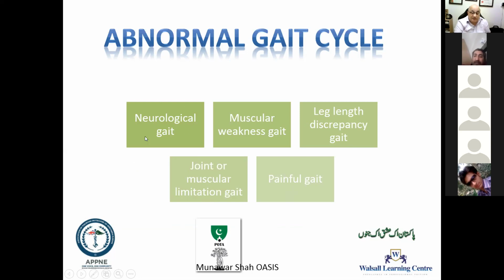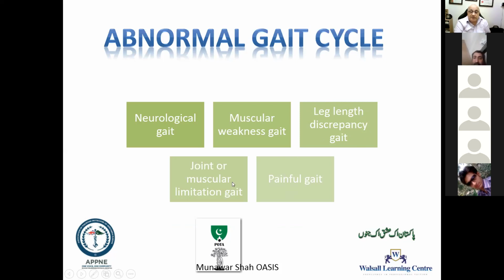So you have a lot of patients with neurological gaits, cerebral palsy patients, and ataxia patients, and other patients. Okay, you will have patients who have got problems with muscles, either they are torn or they've got a polio deformity or something like that. Then you will have people who have got either a short or long leg. That discrepancy will give you a different gait.